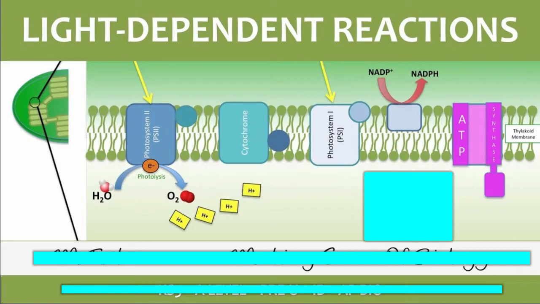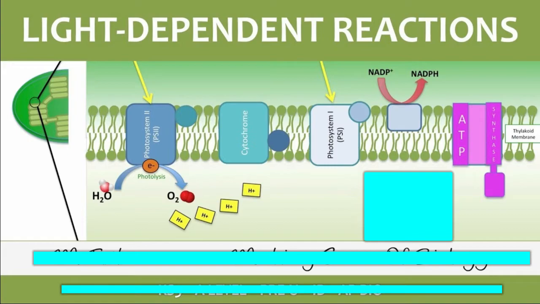Photo means light, lysis means breaking up of water. Third step is evolution of molecular oxygen. The hydroxyl ions produced by the photolysis of water combine together under the action of an enzyme called catalase. The reaction results in the formation of water molecules and release of molecular oxygen.